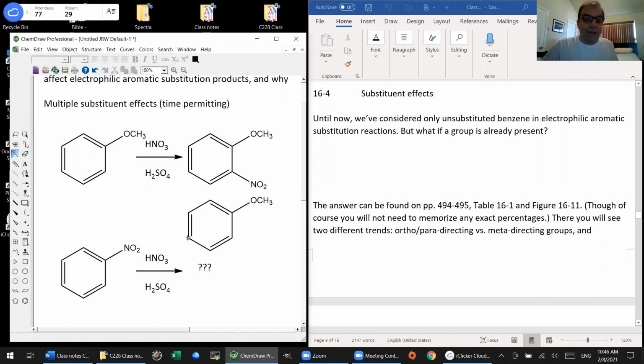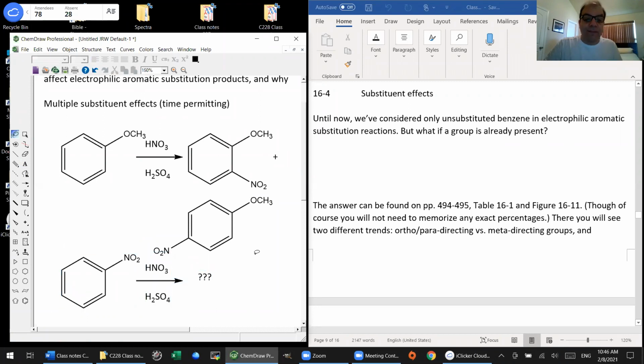And so what you put down in answer to the question, as always, depends on how it's phrased. If the question asks for what are the products, any and all products, well, you'll need to put both of them. But if the question asks for the major product, and I'll again remind you, I put old exams on eCampus, well, if you were to take a wild guess which of these there's more of than the other, I think you would all guess that the para product will be the major product because there's more room for it out here.